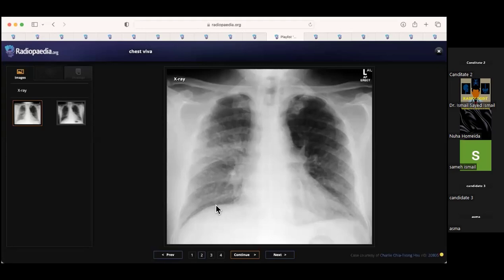Your differential would be lymphangitis carcinomatosis. It's an elderly patient, so you just need to tell the examiner this could be lymphangitis, or it could be unilateral pulmonary edema. And the most common unilateral pulmonary edema, usually in the upper lobe, what valvular disease would you think of? Mitral valve regurgitation. Okay.